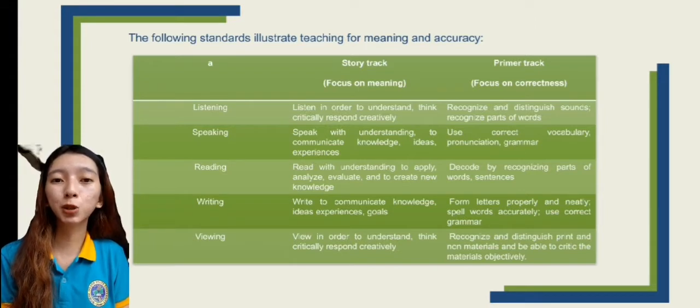That is, the primer track to focus on accuracy and the story track to focus on meaning. Learning via the two-track method helps gain proficiency in literacy, as well as comprehend academic content and gain curriculum mastery, creative and critical thinking skills for decisive decision-making.